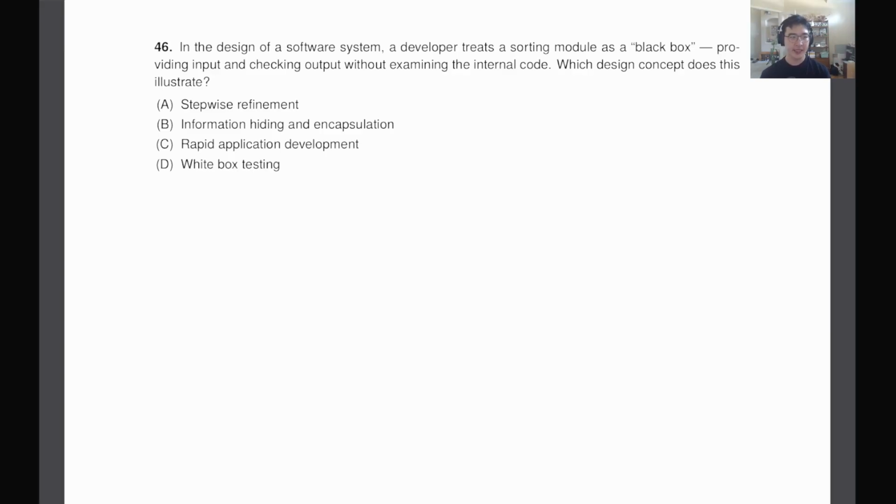I'm just going to read some definitions I found online. Stepwise refinement is a top-down design strategy focused on breaking down a system into smaller procedural details rather than concealing implementation. Again, that's not really what this question is describing. You're providing input and checking output without examining the internal code. So A is not the best answer. Is it B, information hiding and encapsulation?